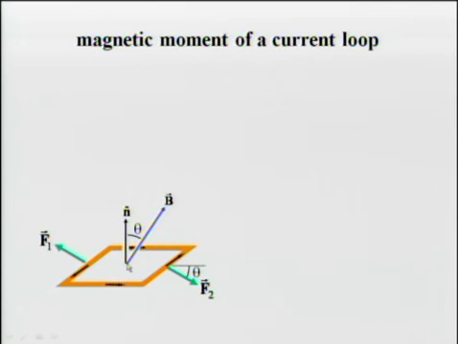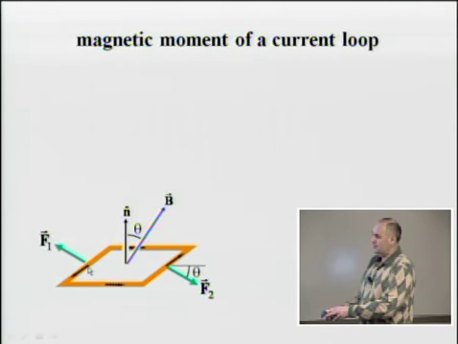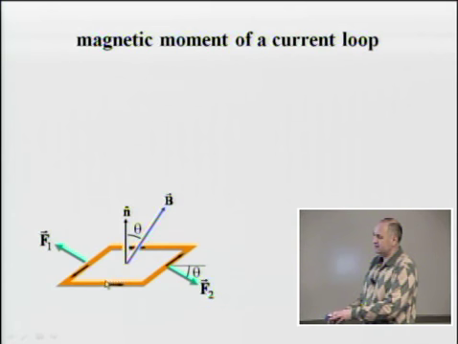What would be the torque about the center of the loop due to this force? Well, the position where the force is applied will be indicated by this vector. And then the force is in this direction.